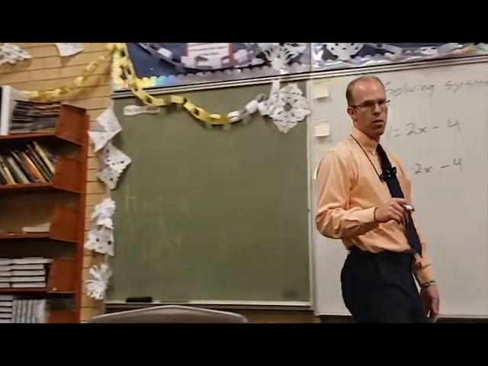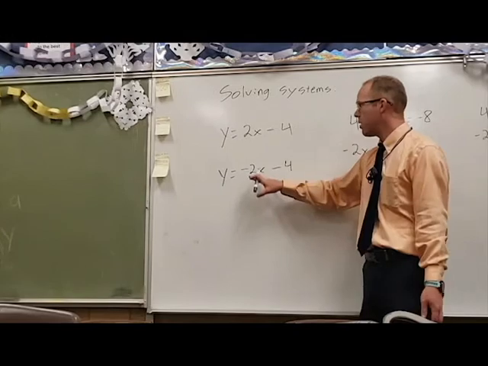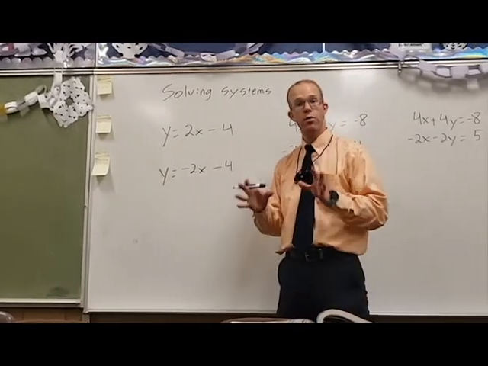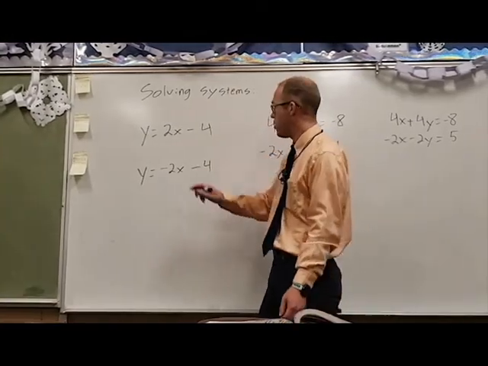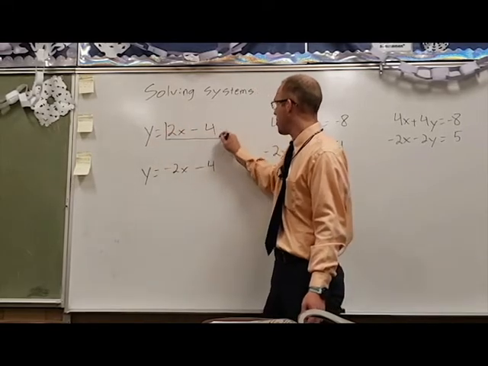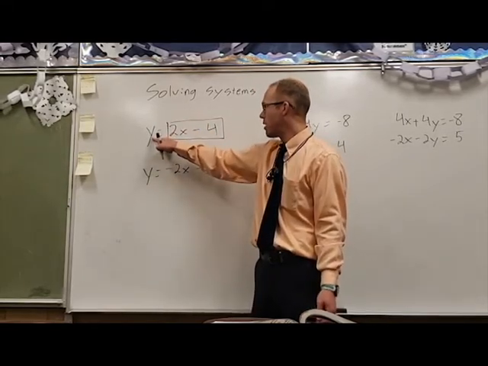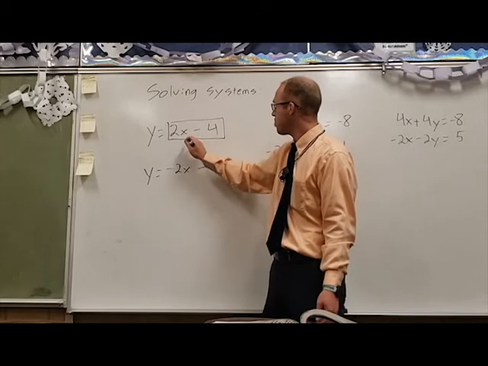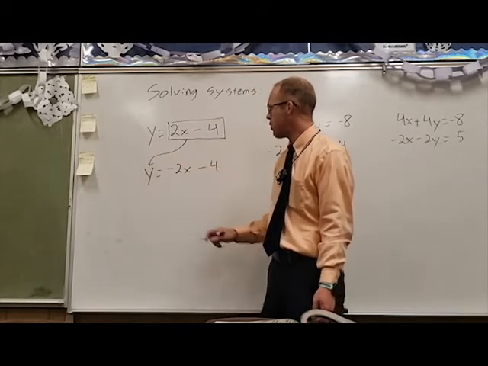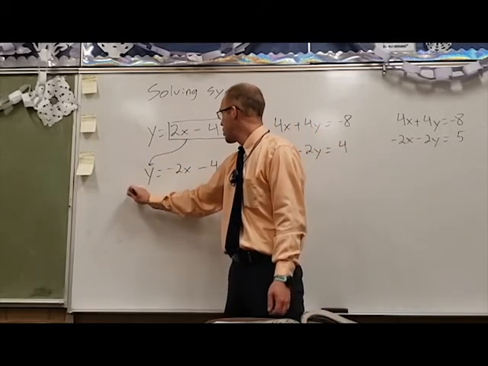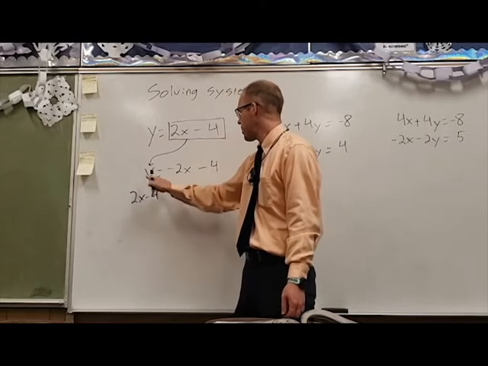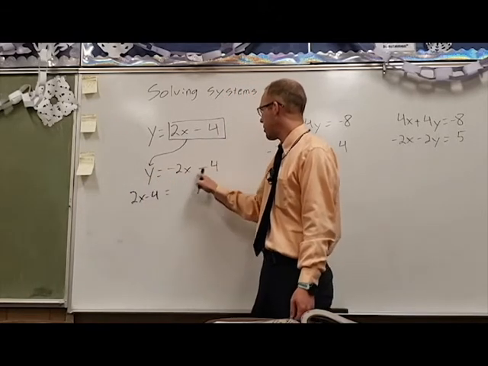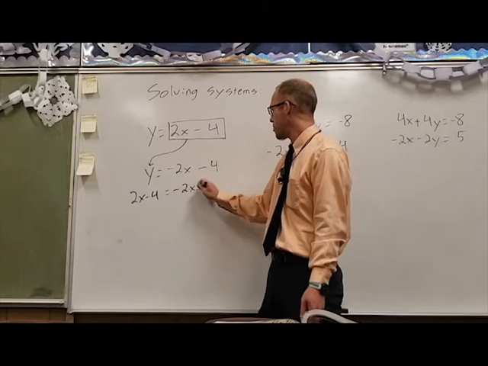Here we have two equations given to us, and you'll notice that they are both solved for y. This one is ready to go for substitution. So I'm going to take this and substitute it in place of y, because I know that y equals that stuff. I'm going to put it over here in this equation. So that gives me 2x minus 4 in place of y here, and on the right side we still have -2x minus 4.